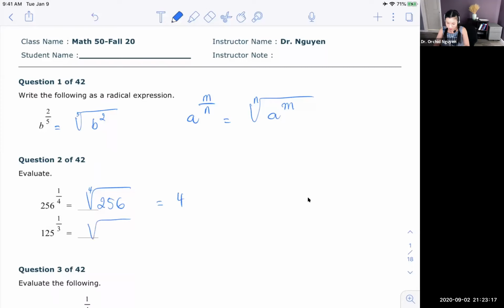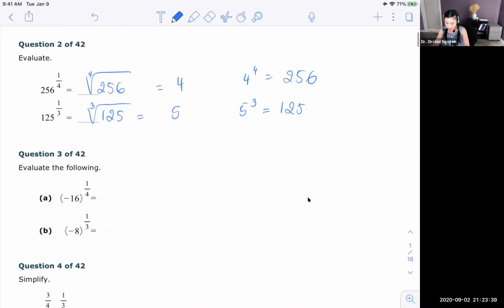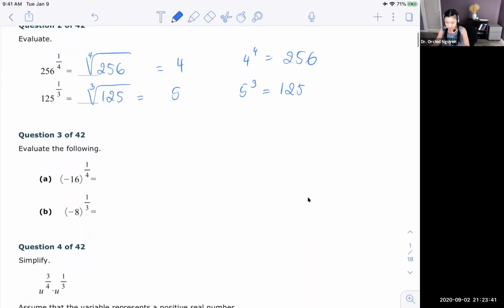Now the cube root of 125, hopefully you remember it's going to be 5, because why? 5 cubed is 125. Same thing over here, 4 to the fourth is 256. And then right here, we have -16, and you want to take the fourth root.